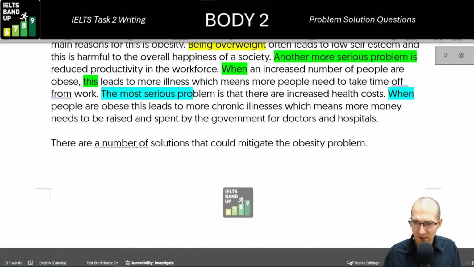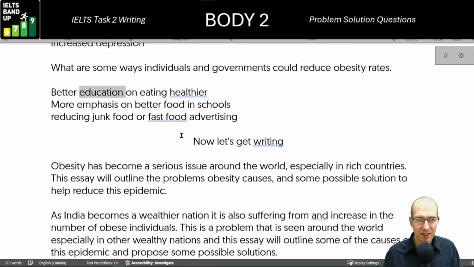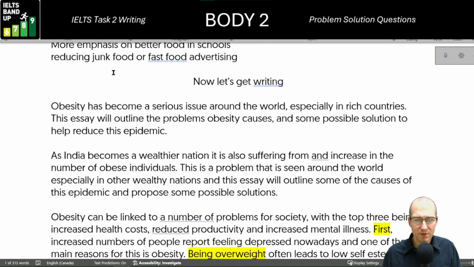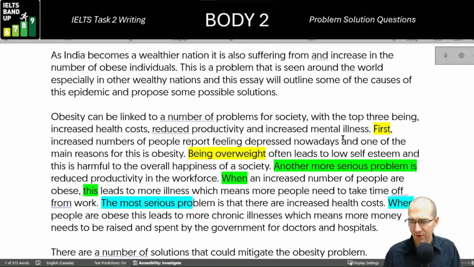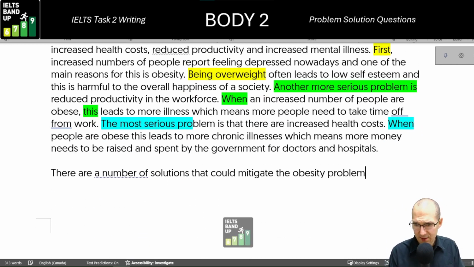Again, this is our topic sentence. Very, very important. You need this, but we could make it a little better, right? We could say better education, better food at schools and reducing junk food advertising, right? And we could do this, mitigate the obesity problem.